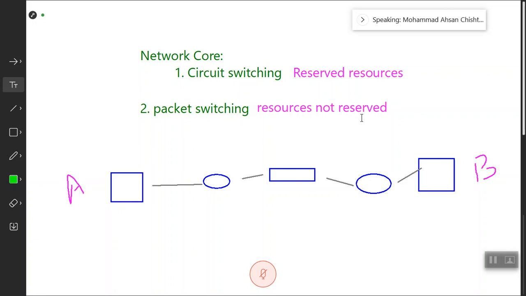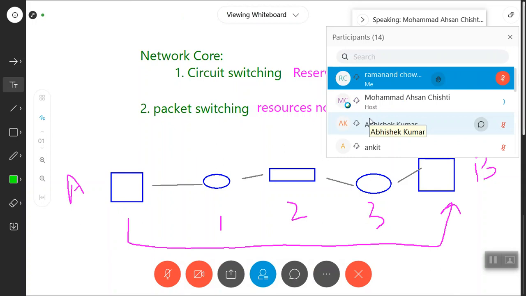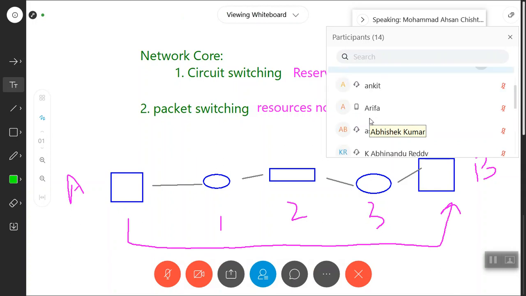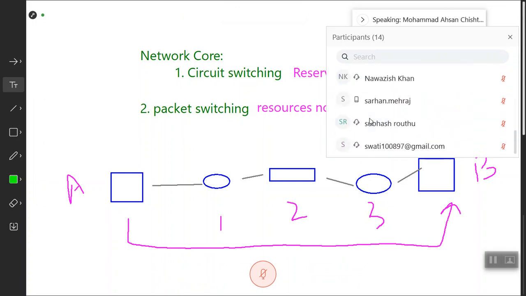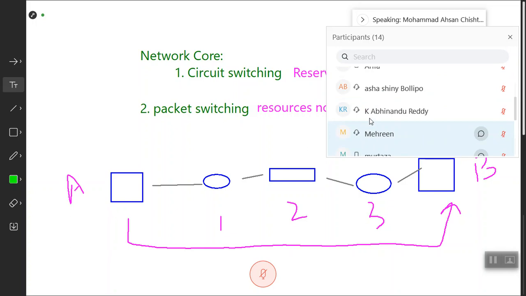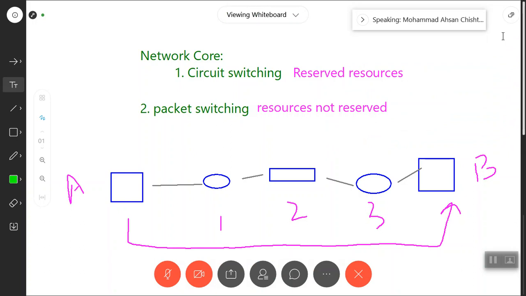It will have all these intermediate nodes like I have shown here, 1, 2, 3, and so on. But once a connection between A and B is established, others would not disturb you. You would have a continuous connection. And if the telephone company says that you will have a bandwidth of, let's say, 64 kbps for this voice call, it will continuously be this much for you.